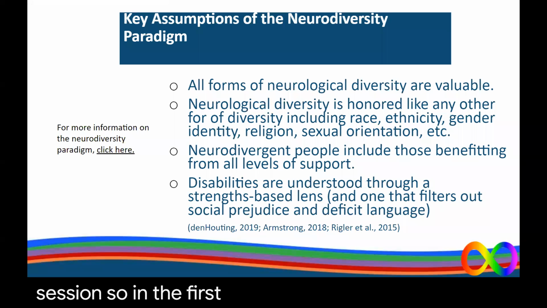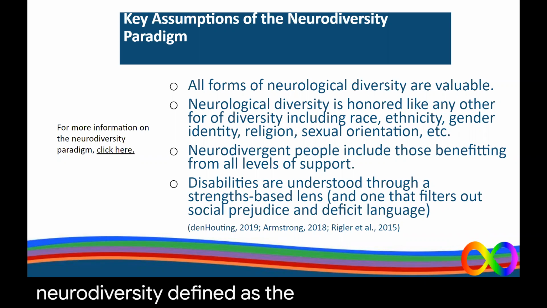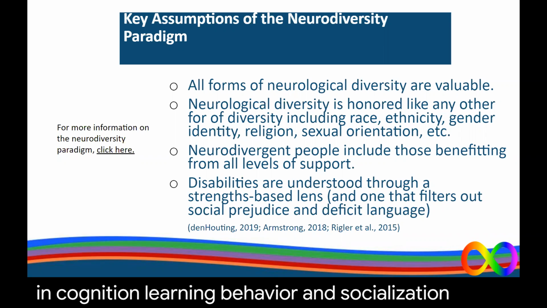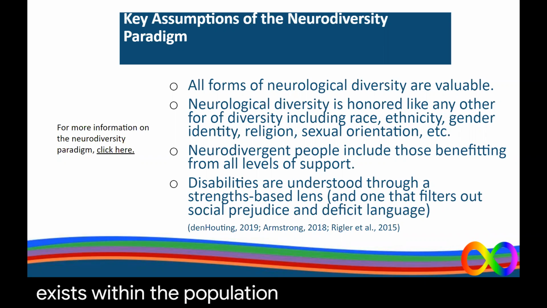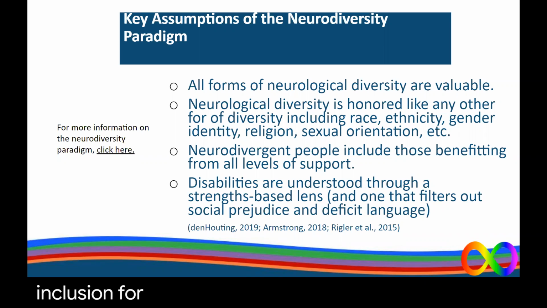So in the first short video, we considered neurodiversity defined as the full range of variations in cognition, learning, behavior, and socialization that exists within the population. And we also considered the neurodiversity movement, which is a social justice movement that seeks civil rights and full societal inclusion for the neurodivergent.